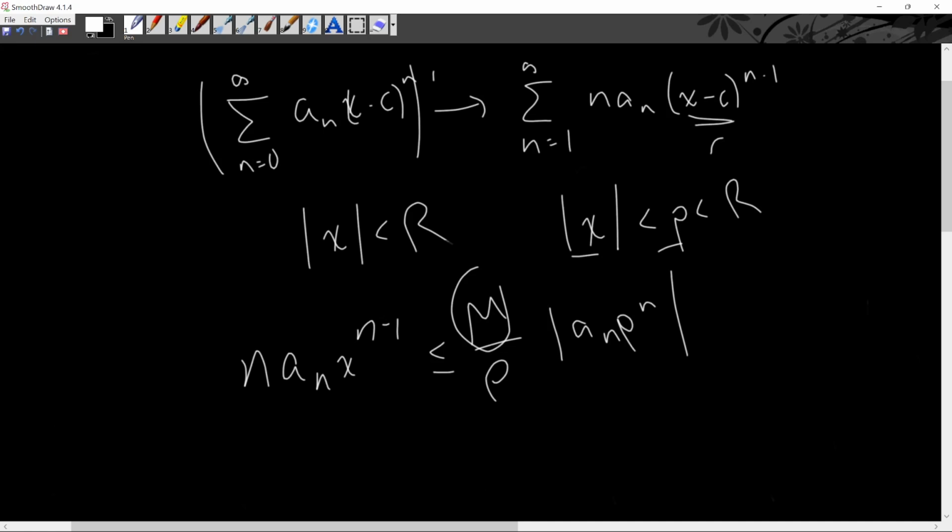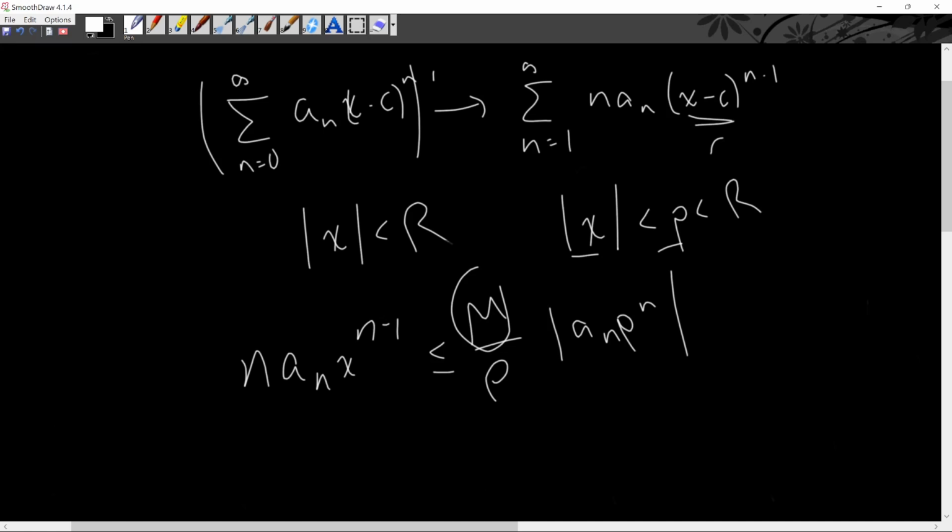That is the maximum potential value that it can achieve, and so this derivative should be less than the maximum value over p, which is an arbitrary value, times the original series. Because the derivative usually tends to be less than the original function, especially if you're multiplying it by the maximum value that the derivative can achieve.